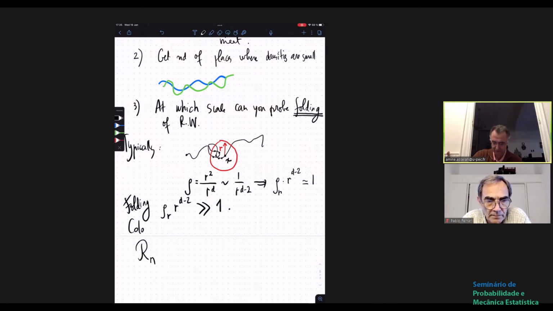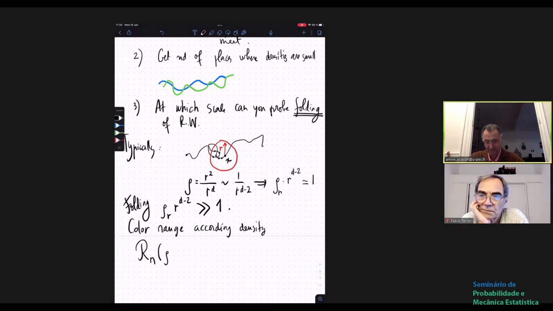I'm going to color, and I think Pablo will like this, the range according to density. My palette of colors is going to be the value of the density, and I have to link it with a scale. That's the scale at which I'm going to probe density: all the sites less than n.